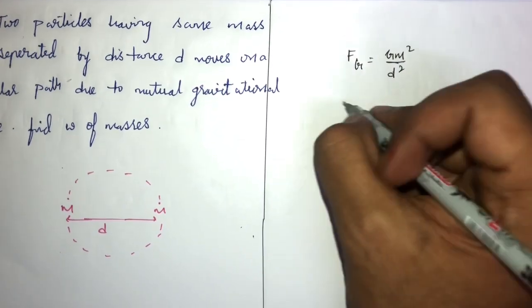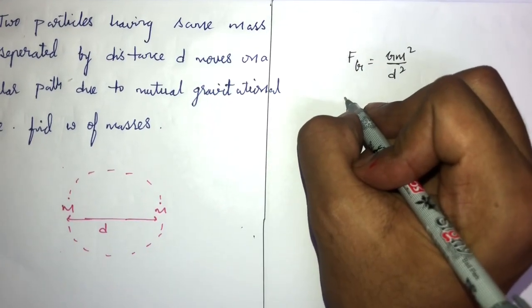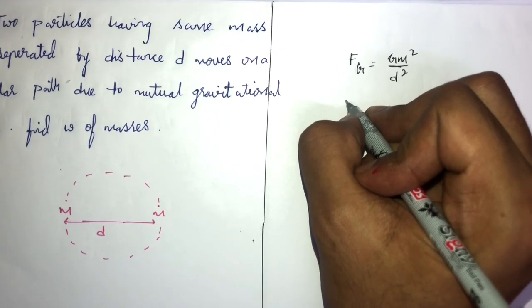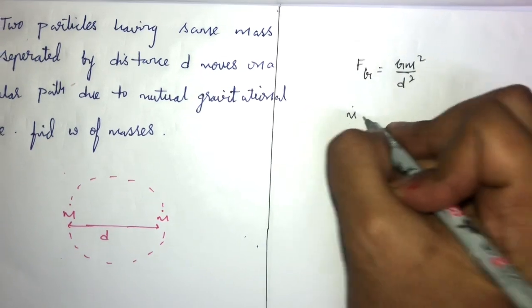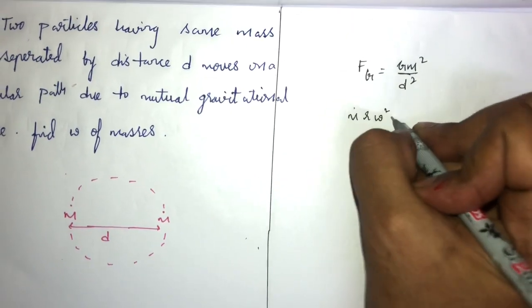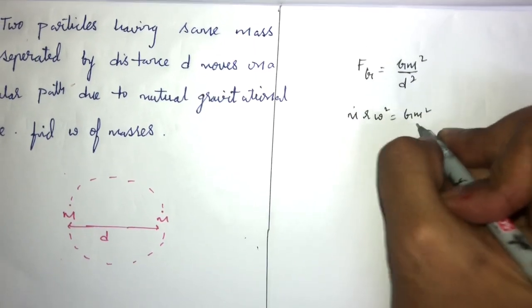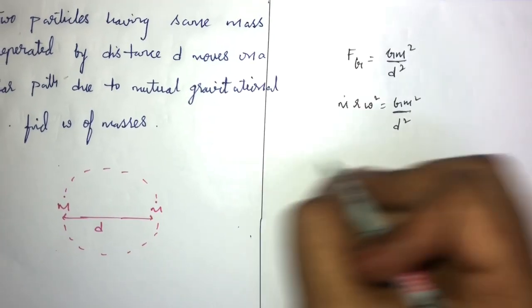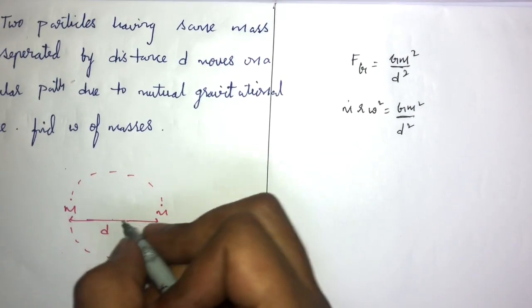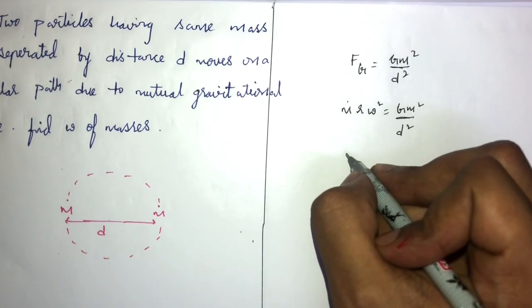The gravitational force will be equal to the centripetal force acting between them. The centripetal force is m r omega square, equal to GM square by d square, where r is the radius of this system, which will be equal to d by 2.